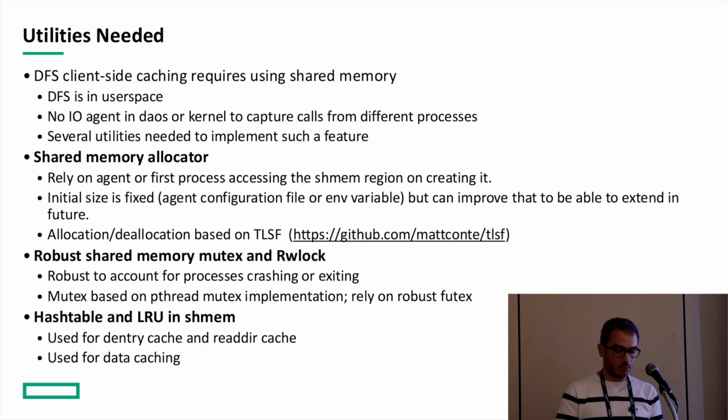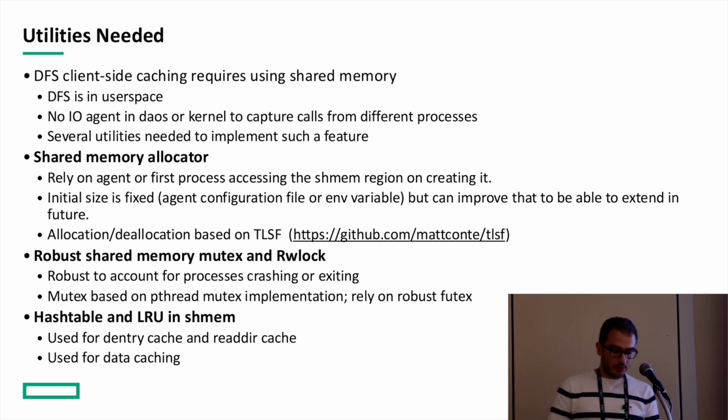We need to use shared memory to have multiple processes with different address spaces implement such caching on the client side. So the first thing we need is a shared memory allocator. It has an initial implementation that's based on TLSF. I forgot what that stands for, sorry about that, but we rely on that.